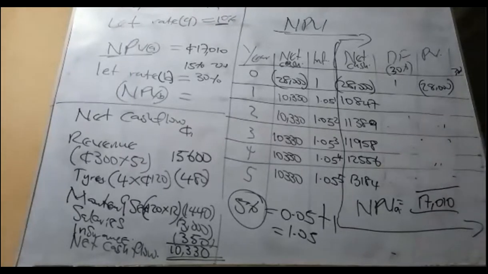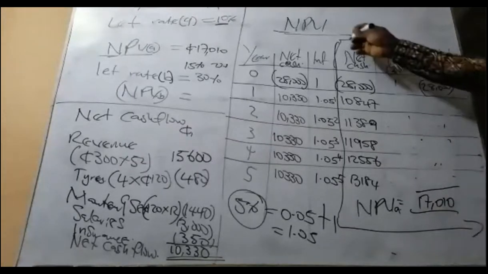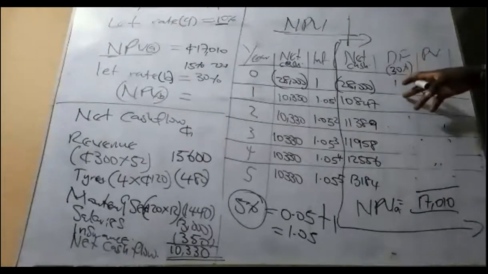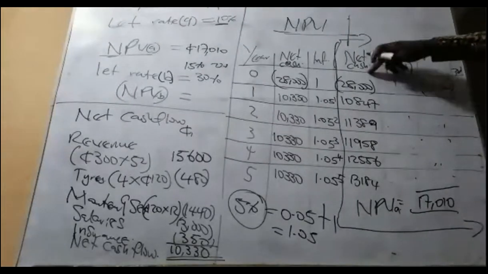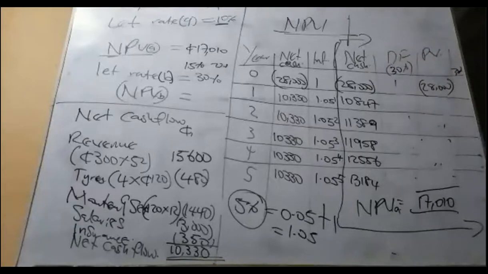The idea is we have to use the net cash flow after inflation, not the present cash flow that we had. So for this question, at 30% the discount factor for year one will be, then you are done.